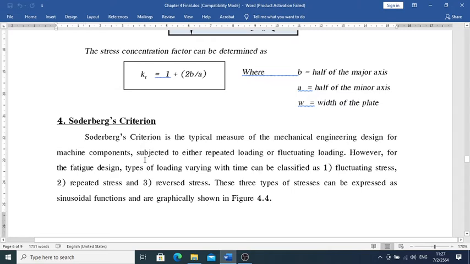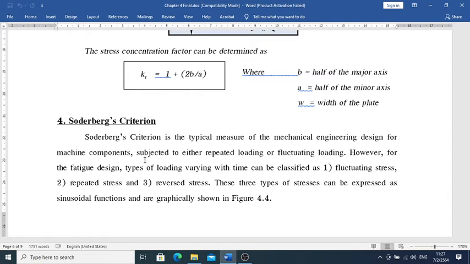Remember at the beginning of the lecture, I mentioned the load changing over time together with the stress concentration; it's going to happen right there. We pinpoint that the most likely failure is going to be right at the stress concentration area. Therefore, we use the endurance strength as the determination for the design.